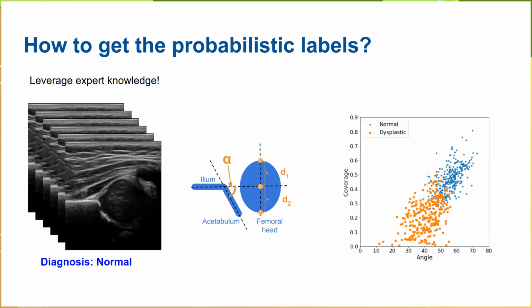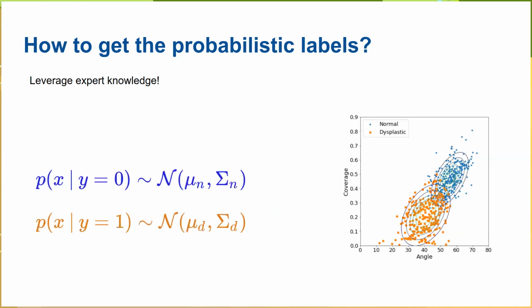Now, the next step is to put a probability distribution on top of the orange data and on top of the blue data. In this case, I selected a Gaussian just because it looked good enough. It can be approximated with any other distribution or a mixture of distributions. It can be a mixture of Gaussians, it can be a Poisson, whatever the person wants to use to model this distribution.